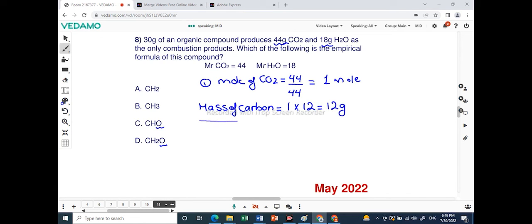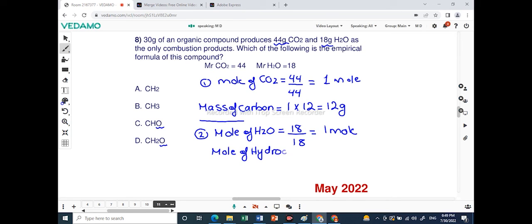I'm going now to deal with the water. So I have the mole of H2O. I have 18 divided over 18. It's another time 1 mole. But for a mole of hydrogen, I'm going to multiply by 2.